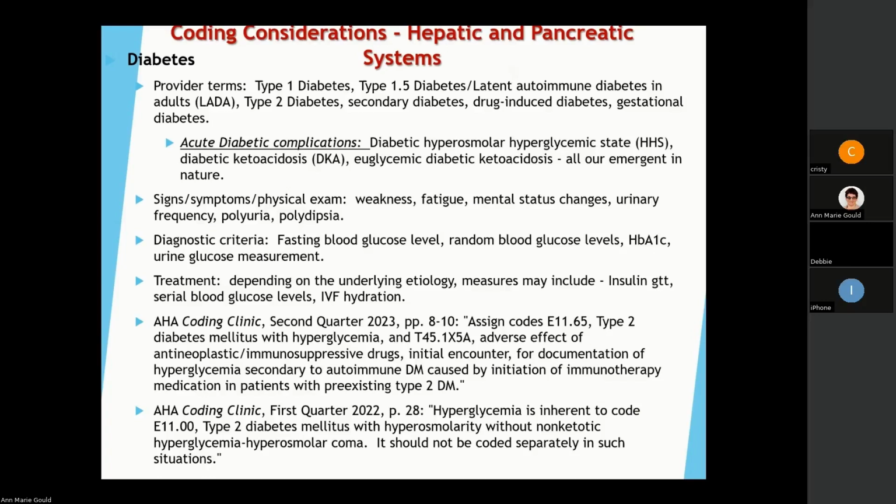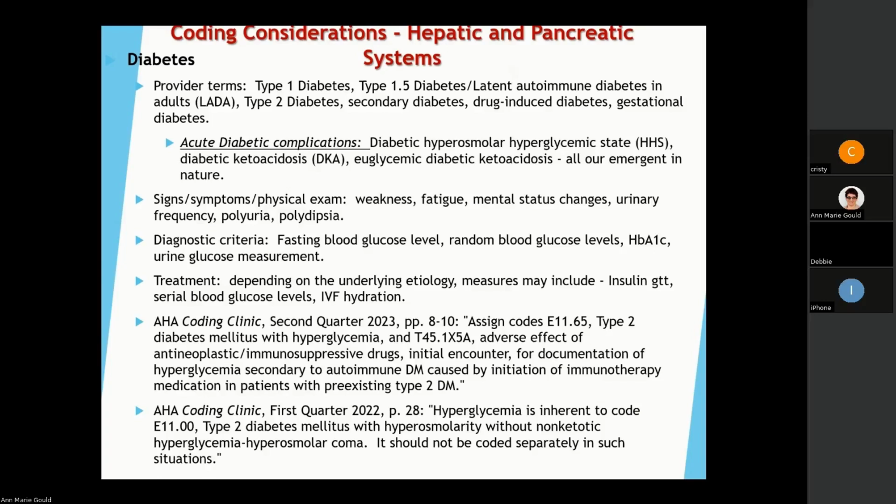And then, of course, there's acute diabetic complications. So that's your diabetic hyperosmolar hyperglycemic state, or HHS. We like a lot of abbreviations in CDI, Lorna. You will see that. Your diabetic ketoacidosis, or DKA, and then your euglycemic diabetic ketoacidosis. These are all emergent in nature.